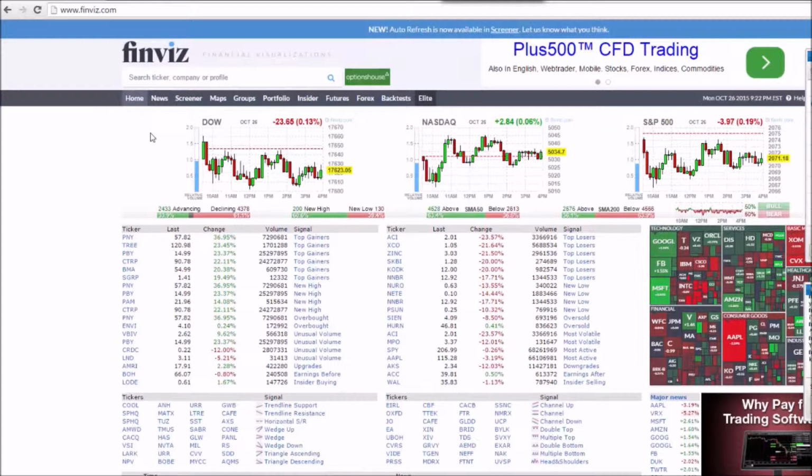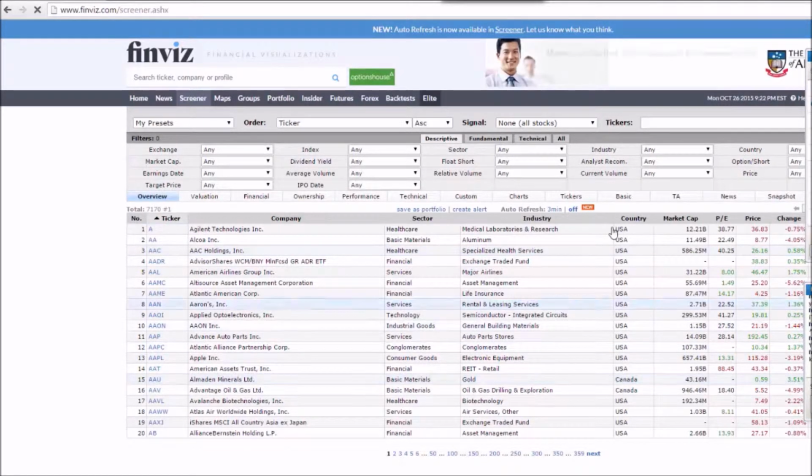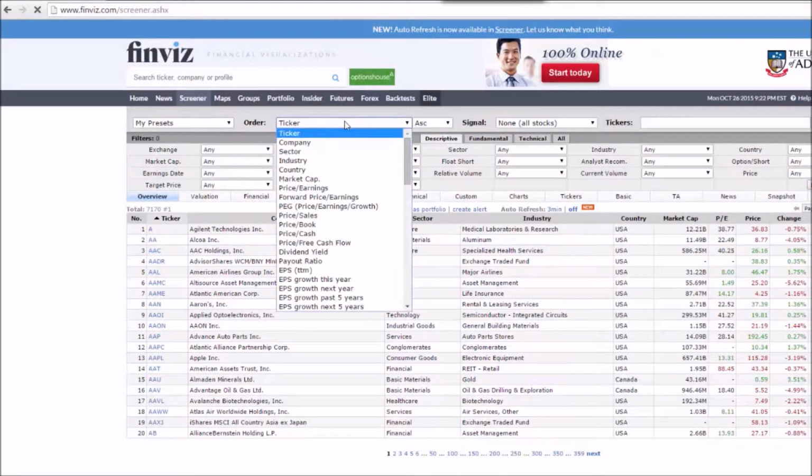But where you usually go is the screener, and it's absolutely amazing from the point of view of the screening process. But before we look at the screener itself, you can type any ticker here.